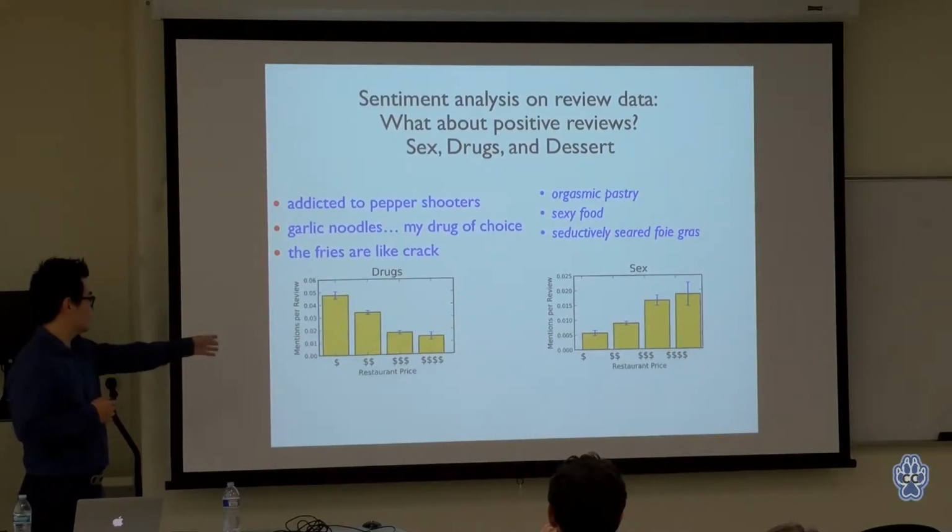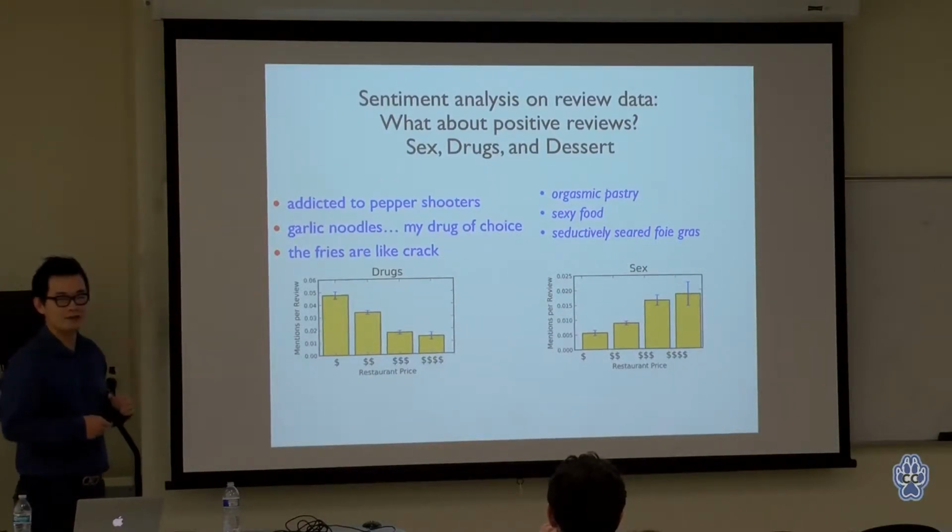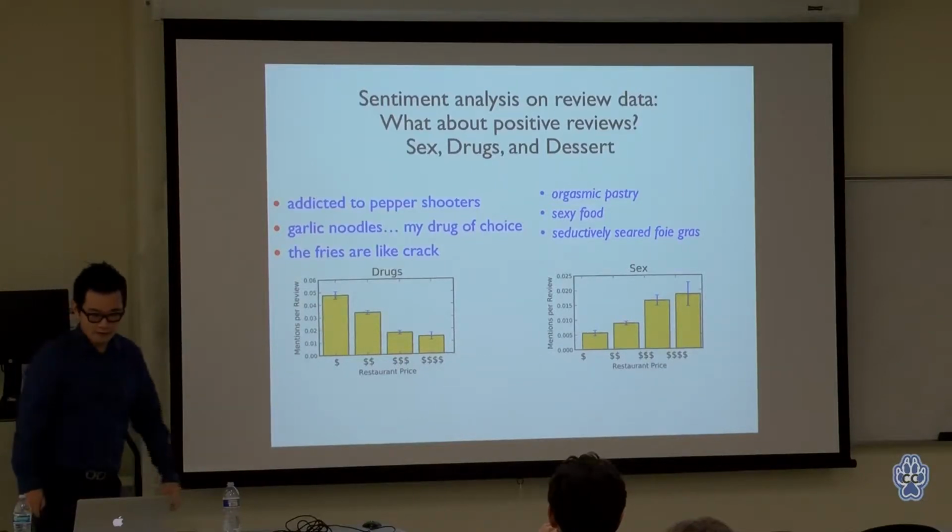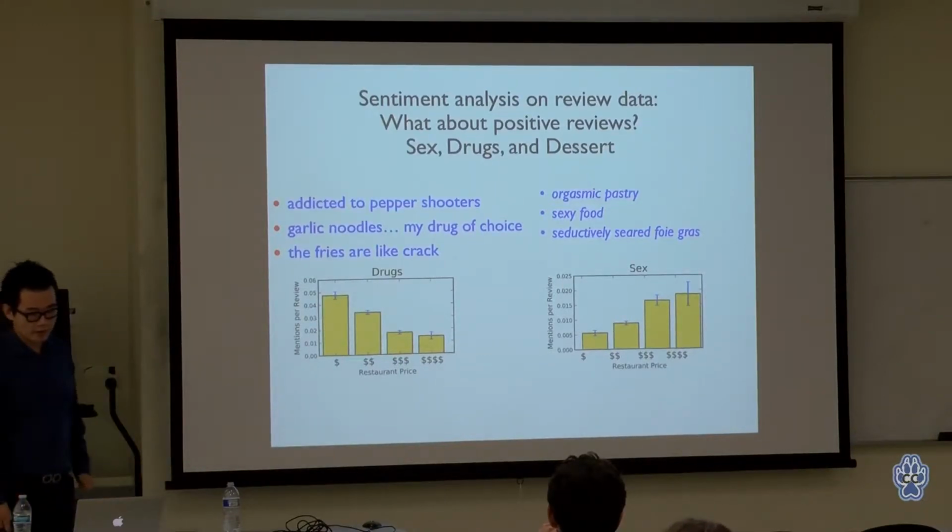People go to fast food, very cheap restaurants and use a lot of drug language, but you won't expect people saying, well, my foie gras is like crack, right? Nobody really says that. So there are very interesting things you can understand about language and how that correlates with some of the specific language that we use. Okay. So this is sentiment analysis, right?